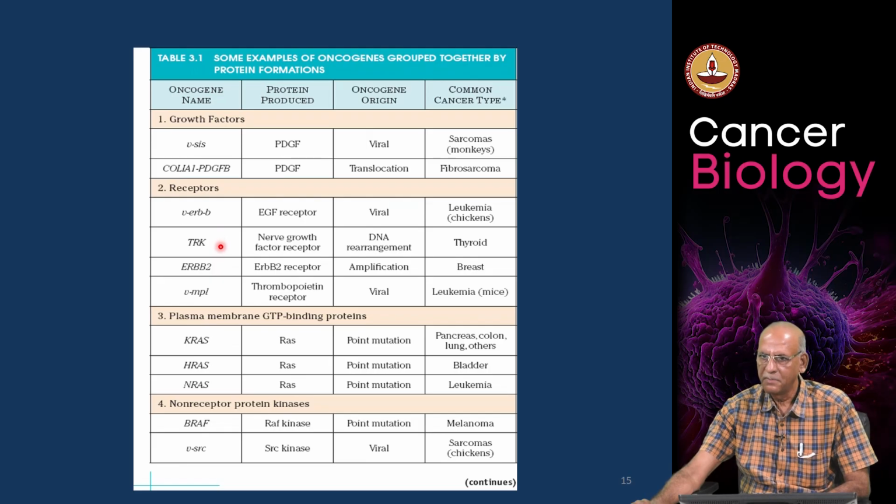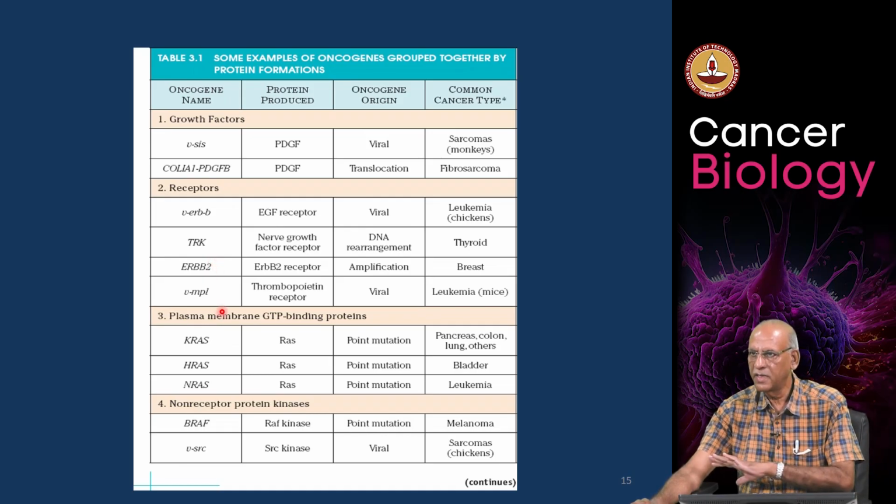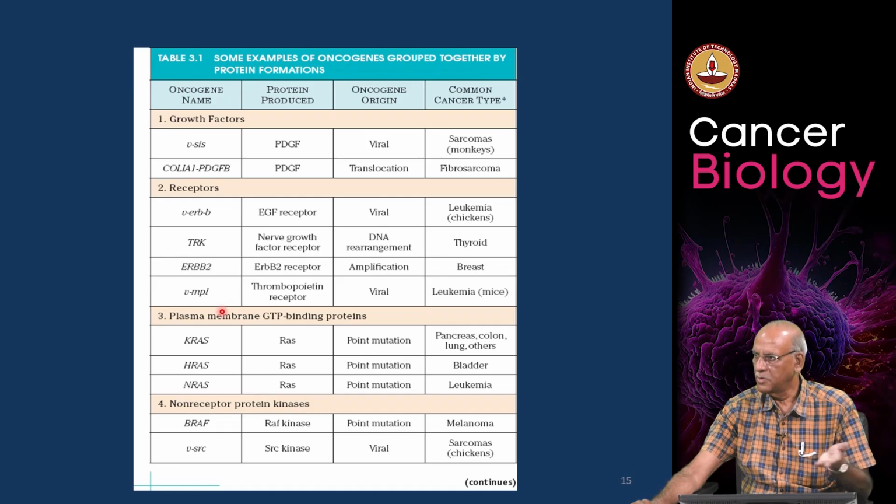That was the origin. Many of these oncogenes were discovered in viruses, and their counterparts are always found in the animals or humans or whatever. So, that is why that nomenclature came, like I told you, V-SARC, C-SARC. Most of the cellular genes were actually proto-oncogenes. That is why C-SARC is a proto-oncogene, which means the gene that has the potential to be converted to an oncogene.